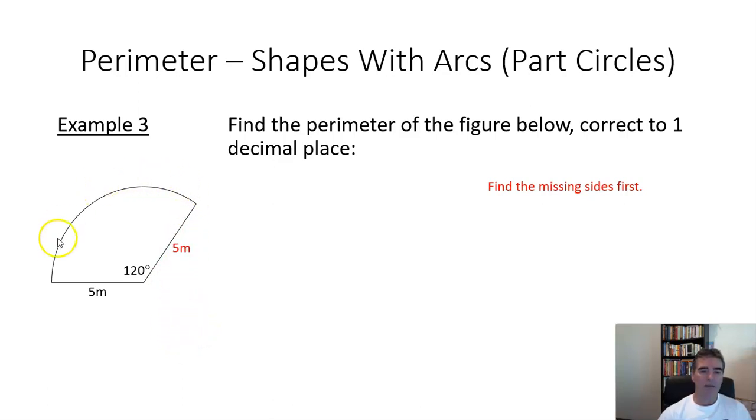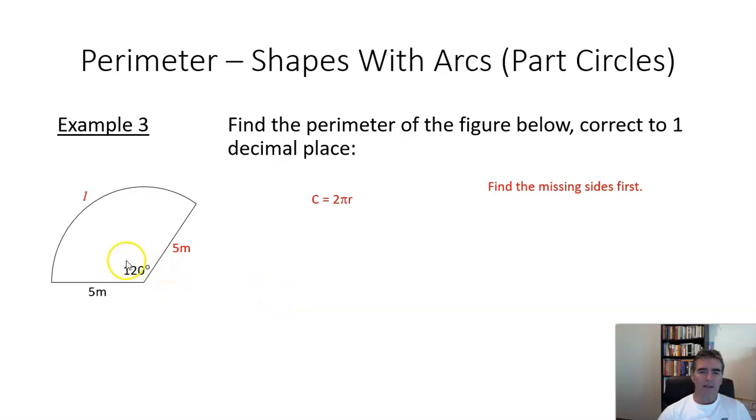What we don't have is this missing side up here. So I'll call that again L. So we're finding the length of that arc there, which is part of the circumference. So recognizing that's part of the circumference, twinkle, twinkle, little star, circumference equals 2 pi r. So let's write our formula down. But we're not finding a full circumference, it's just finding that part L. So what fraction is it?